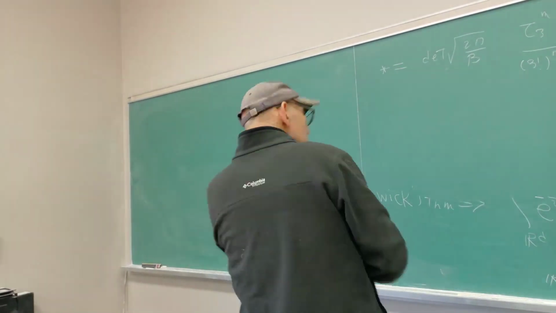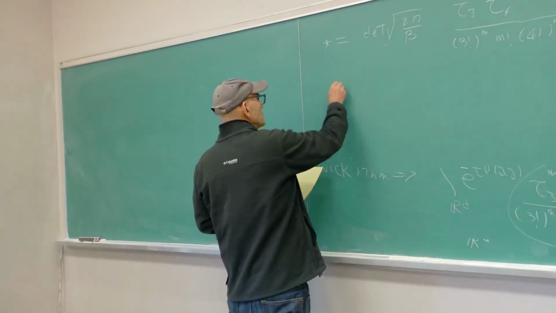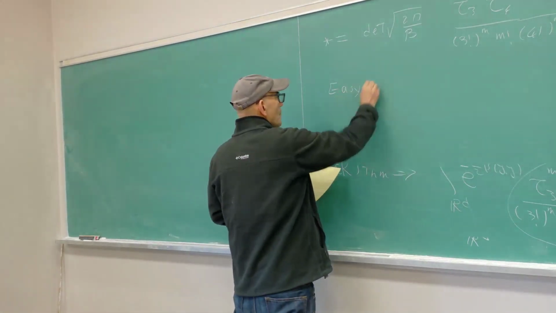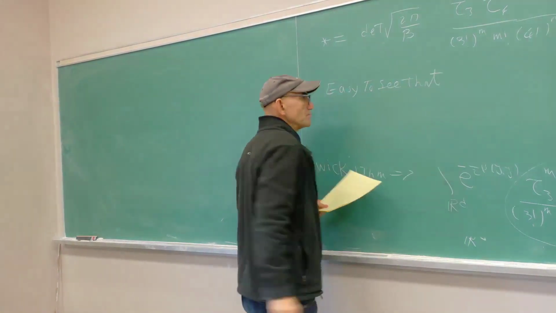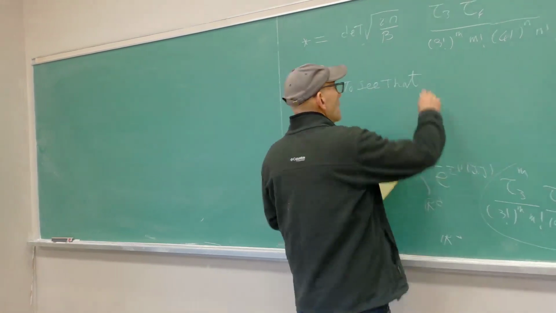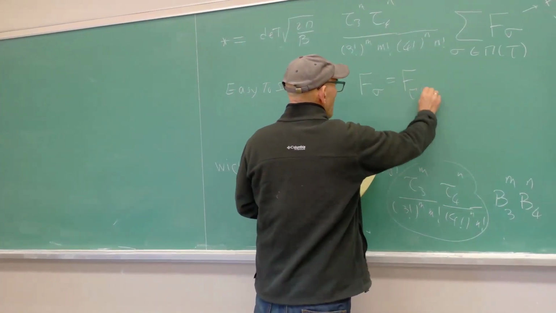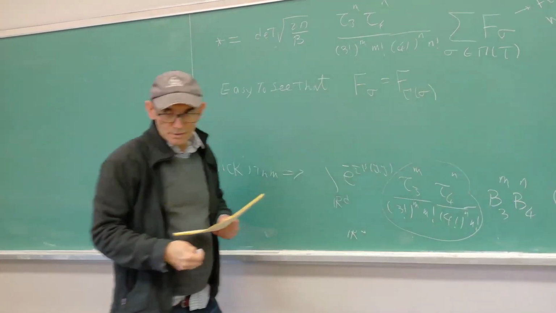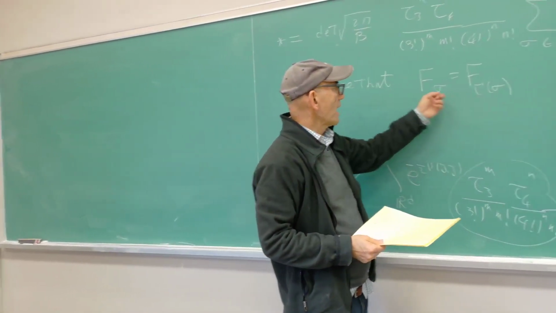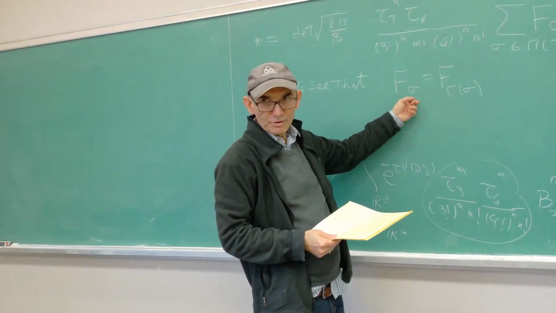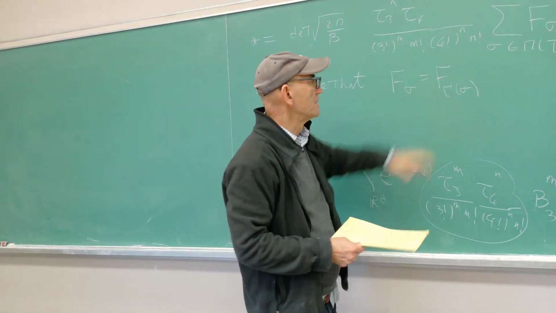Now we just observed that it's easy to see that F(sigma) is equal to F(gamma of sigma). In other words, the Feynman rules for graphs are compatible with the Feynman rules for these pairings that we have there.